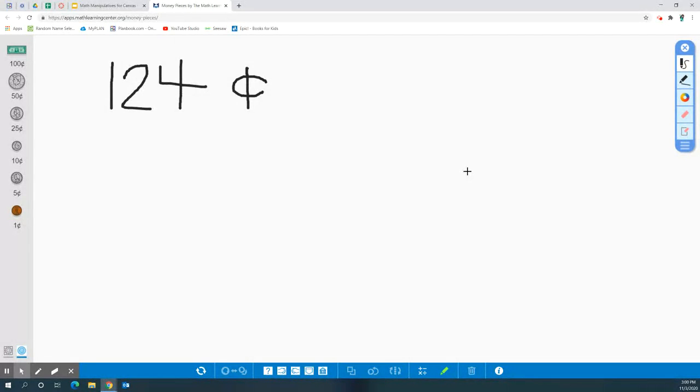Now what we're going to do is write it in dollar notation. So I want you to write an equal sign. Now remember, dollar notation always starts with a dollar sign. So go ahead and write an S with 1 or 2 lines through it.